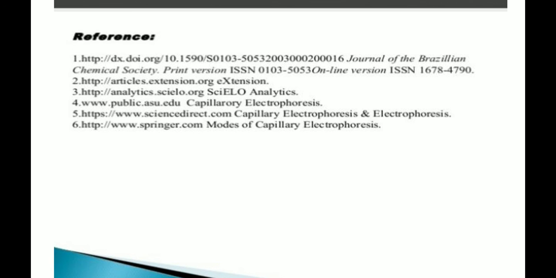Here I have given some references, go through them and you'll get more information. I hope you understand what capillary electrophoresis is, the principle of this technique, the advantages, and the instrumentation part is also very important. Thank you.